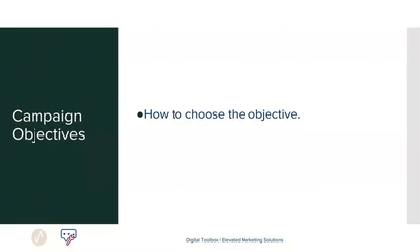Another thing that you can consider with campaign objective is building those audiences to remarket to. For instance, on social media platforms like Facebook, I can choose a reach objective, so get in front of as many people as possible within this audience. I could choose a video objective, so people willing to watch my video.